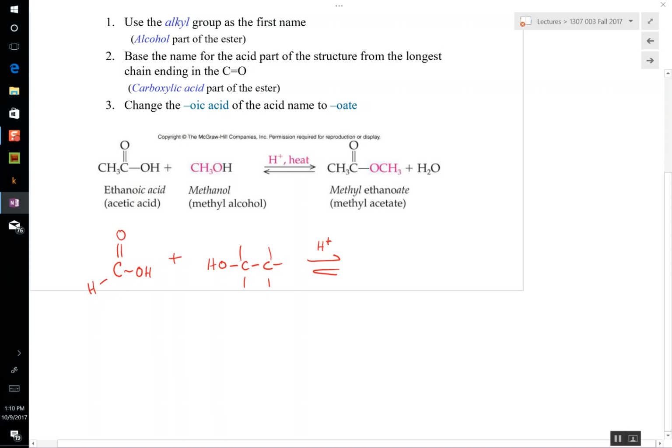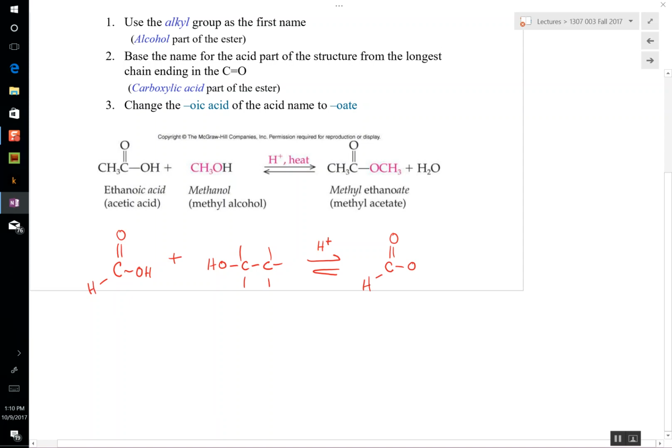It's an esterification reaction, and we're going to get, so what are we going to get? If we've got a 1-carbon carboxylic acid here, this is the H that we're going to lose in the dehydration between these two molecules.